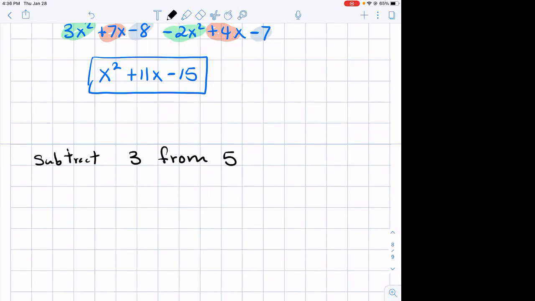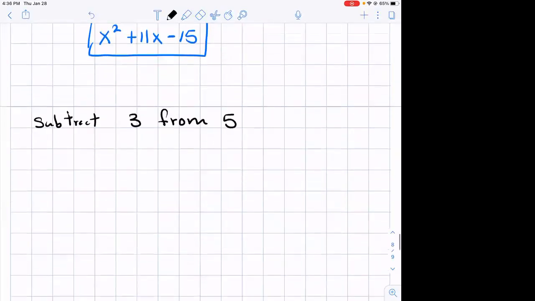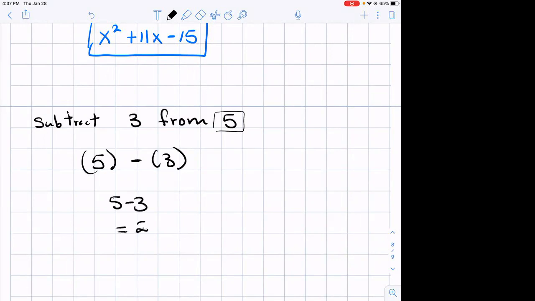Another word for subtract is minus, or take away, 3 from 5. So when it's written like this, if you translate it, it becomes 5 minus 3. Notice the number after the word "from" is written first. And then we have 5 minus 3, which is equal to 2.